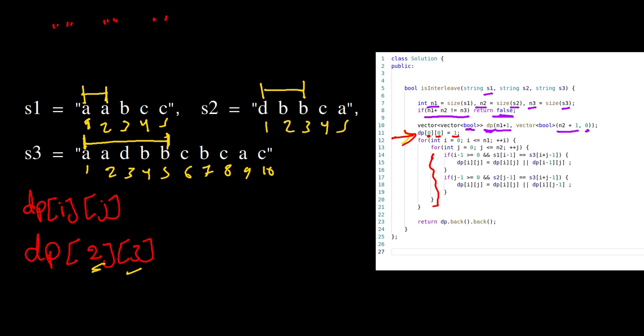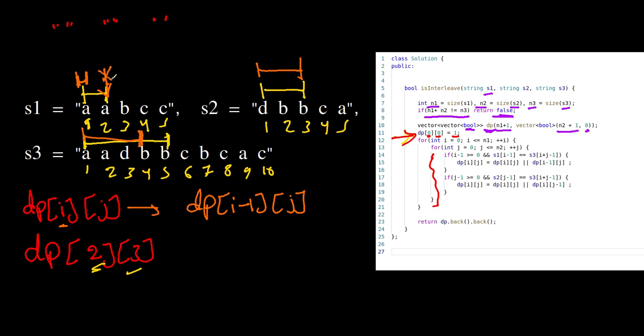Now let's take one character from s1, so this character, and we make i equal i minus 1, dp of i minus 1, j. In this case it's this part and only this part, and here we have 4 characters.